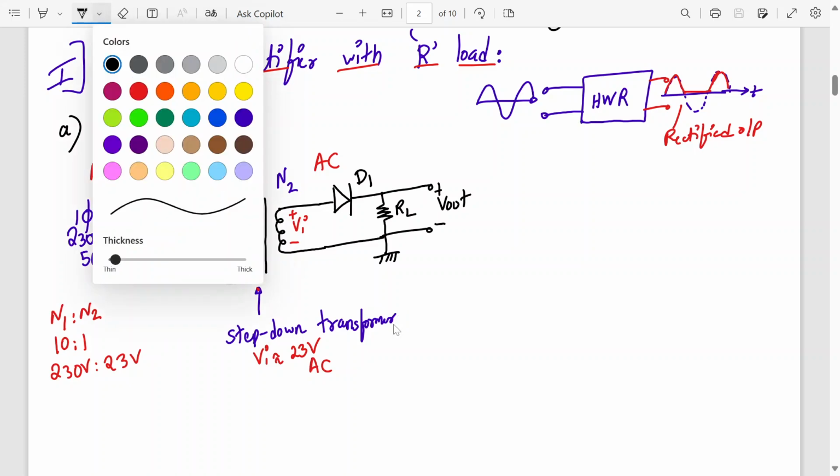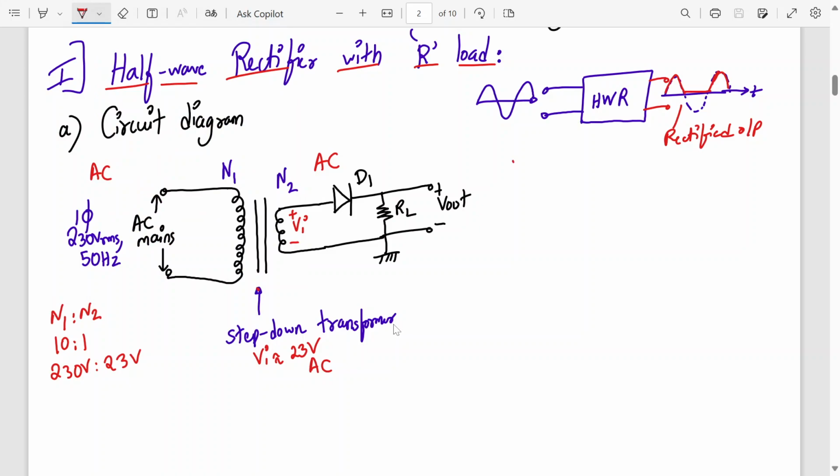Now, mathematically, how do you represent a sine wave? Anyone? Vi is equal to Vm sine omega t. Agree? Yes or no? This is the secondary voltage of the transformer. Correct?